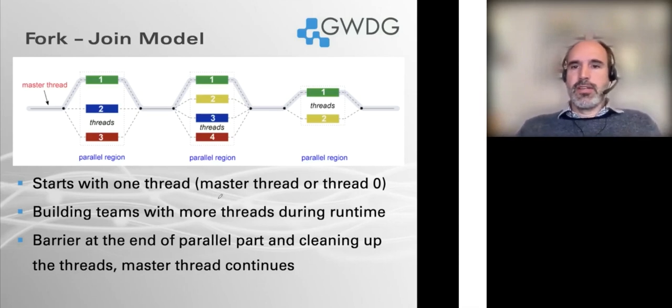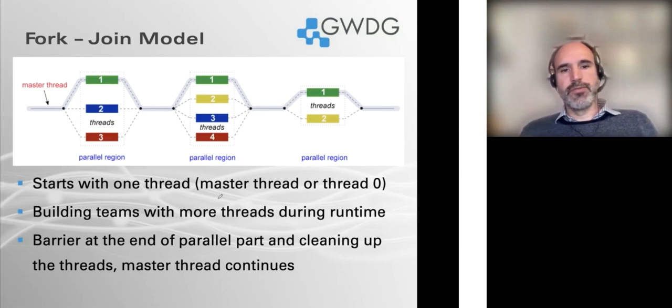How does it look on a thread level? What is used is called the fork-join model. This picture is actually taken from the OpenMP tutorial page. In OpenMP, you have what is called the master thread, which is alive during the full lifetime of your process, from start till end. And during the lifetime of your process you can start different parallel regions with different numbers of threads.